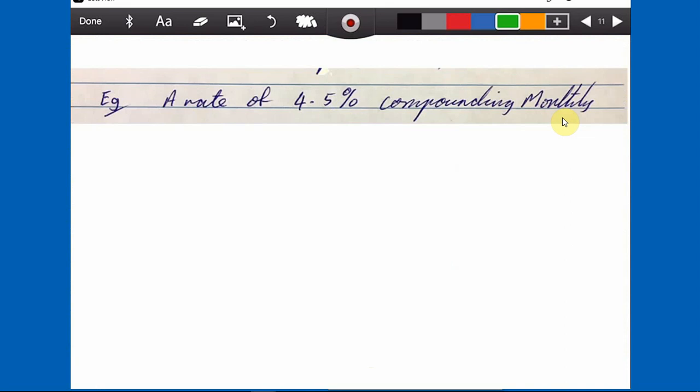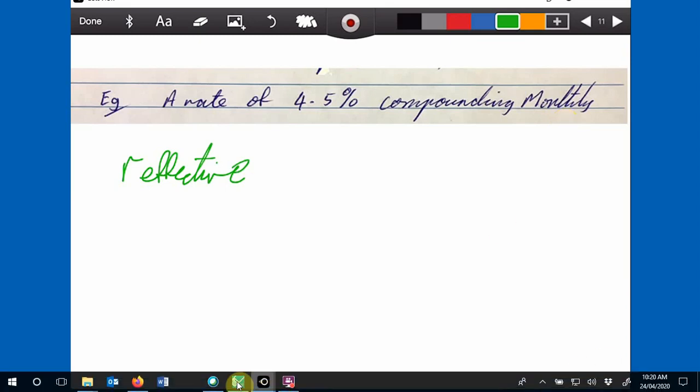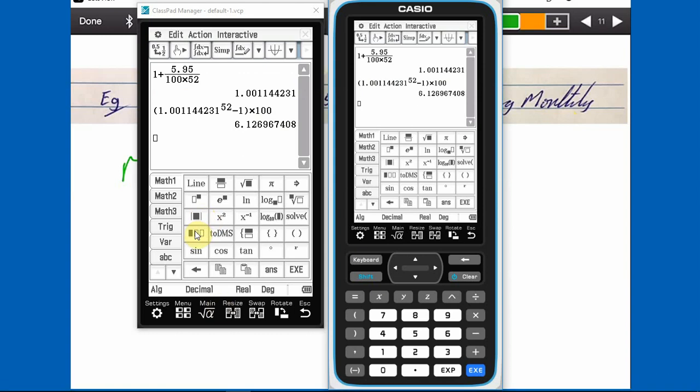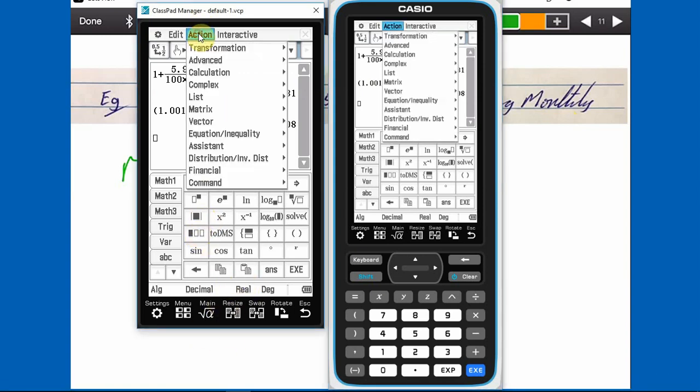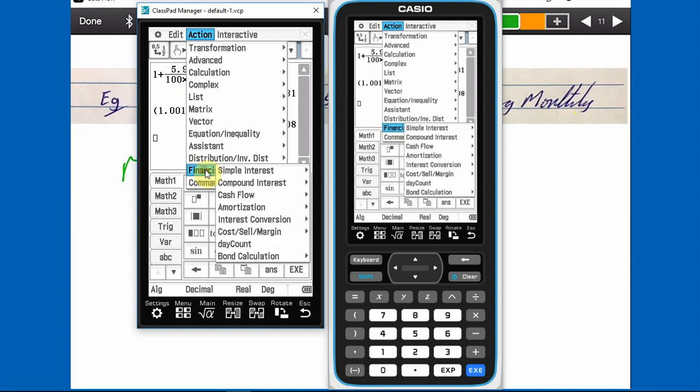All right, so what's our effective rate on that? Let's do the calculator. Here's our calculator. So we go action, financial, interest rates.